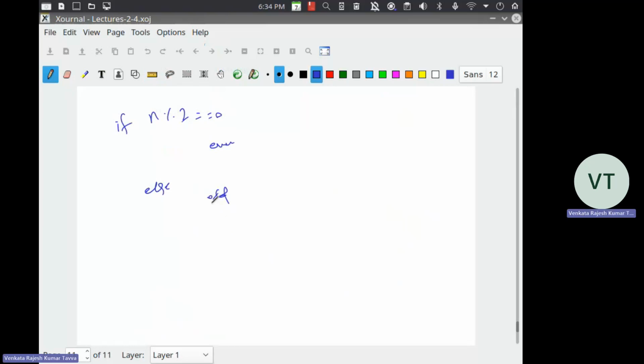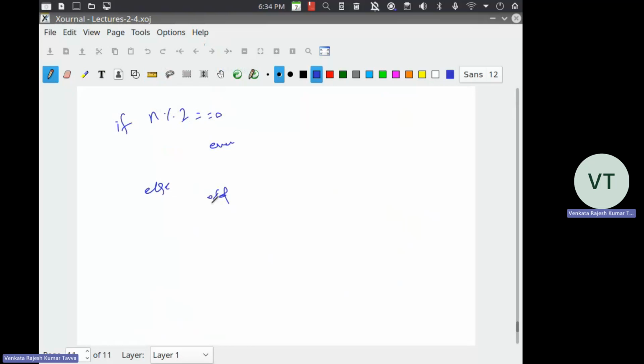So the clue is, given a binary number, just by looking at the binary number, can you tell whether that number is even or odd? You need not convert it to decimal. Just by looking at the binary number. How? 2 power 0. Units place should be 0.